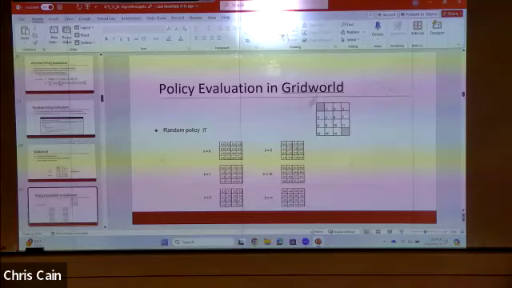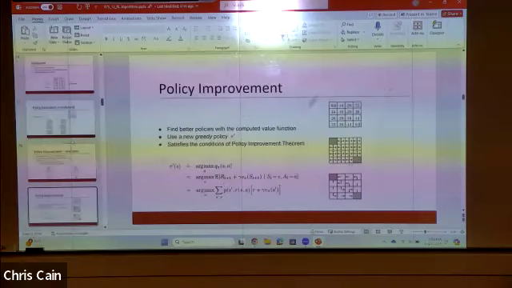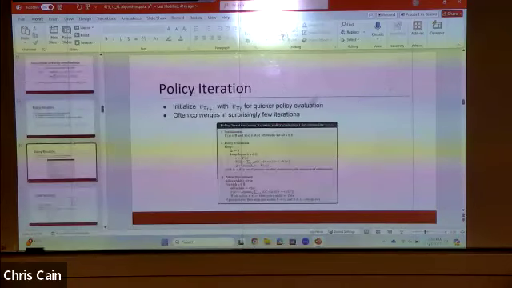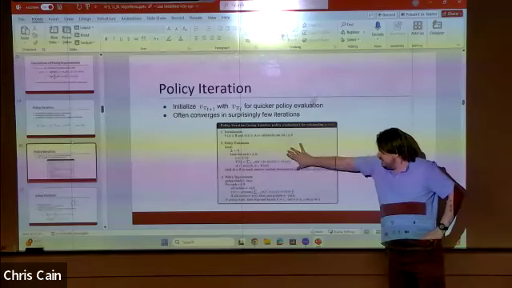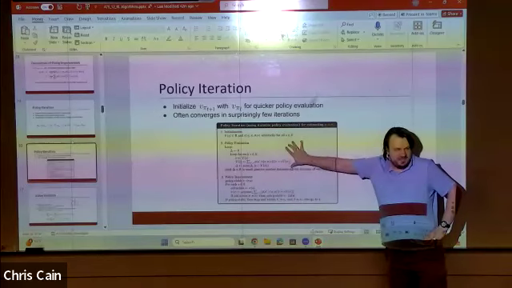Is there a programmatic way to store these potential policies on its own? Yeah, it's policy iteration. There's the policy evaluation component, which is what we just talked about, and the policy improvement that we're about to talk about.